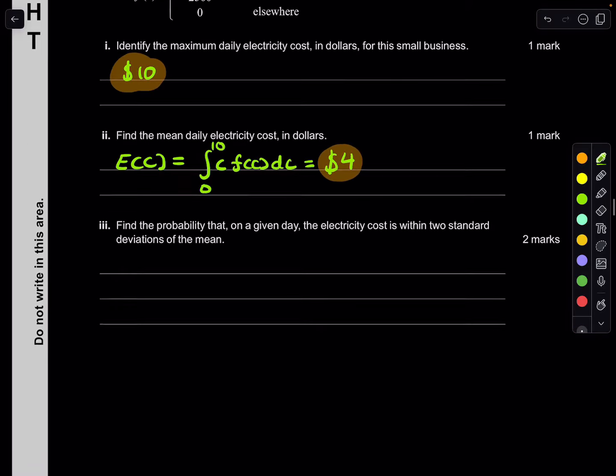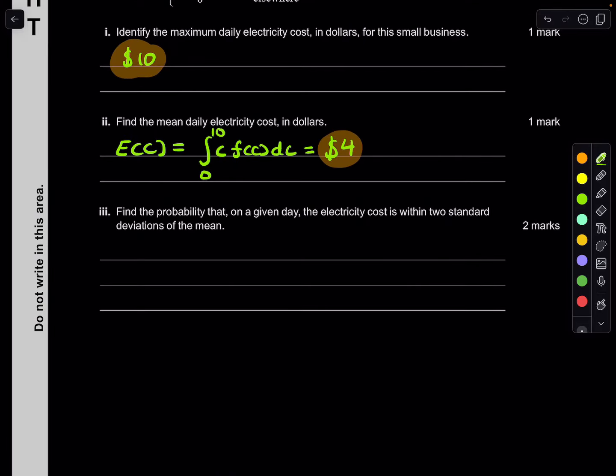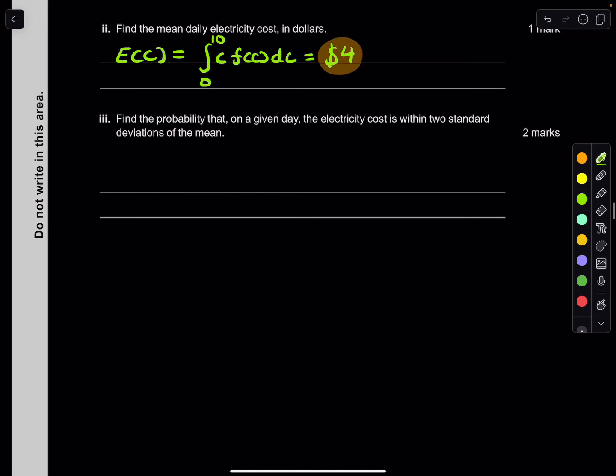Next question. Find the probability that on a given day, the electricity cost is within 2 standard deviations of the mean. So what we're trying to find is the probability that C is between the mean minus 2 standard deviations and the mean plus 2 standard deviations.